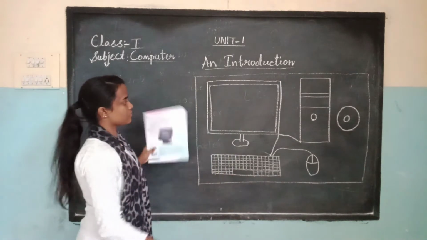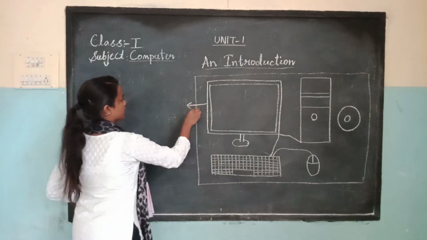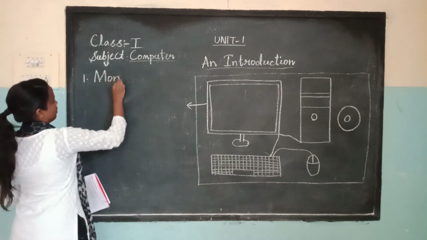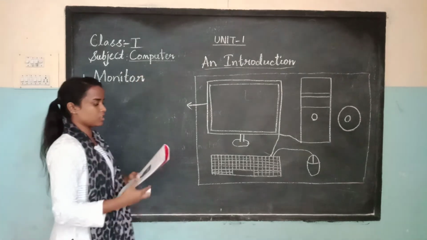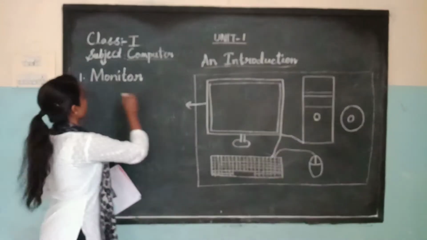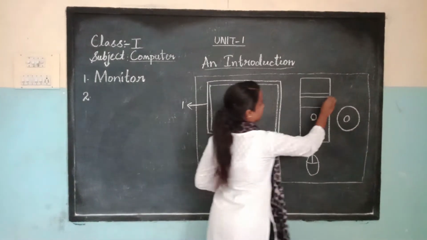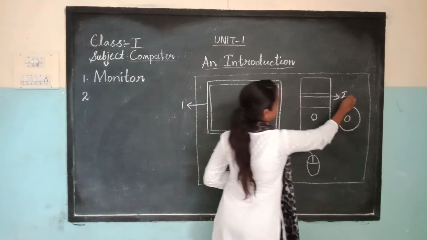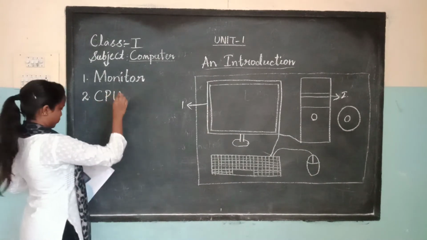Now, we'll go part by part. What is this? This first one is a monitor. Parts of a computer. First one is monitor. And this second one is a CPU.